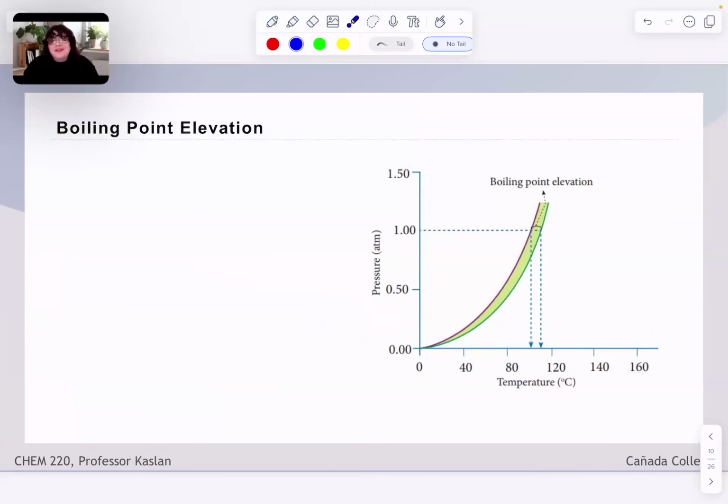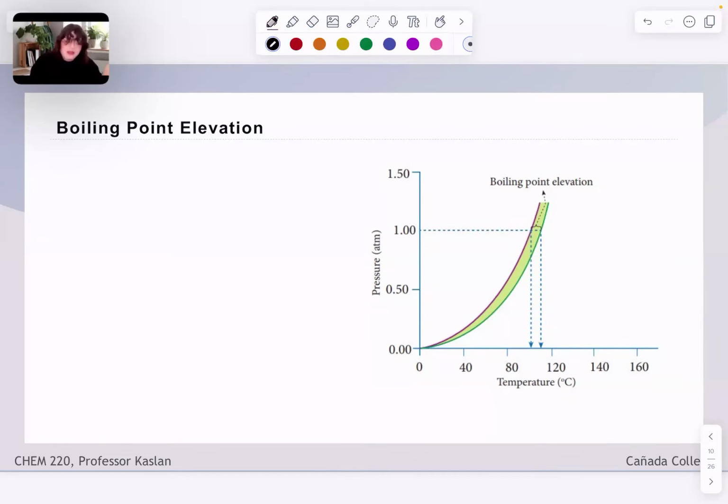How do we quantify this? So in looking at vapor pressure lowering, we looked at Raoult's law. So we saw a direct proportionality between how much vapor pressure our solution has compared to the mole fraction of solute that is remaining in solution.